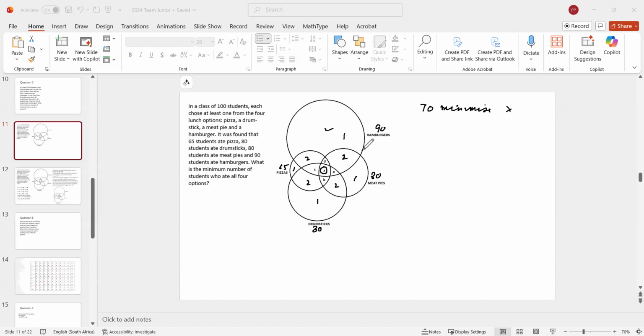Okay. So how do you work that out? We know that altogether they ate 90 plus 2 80s plus 65, that is 315.